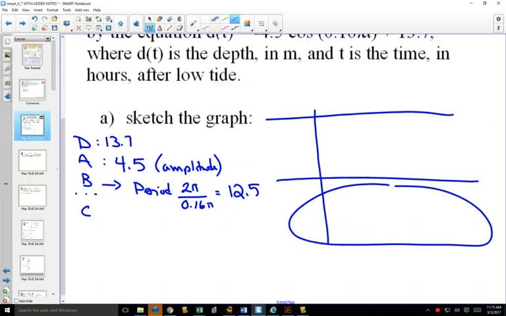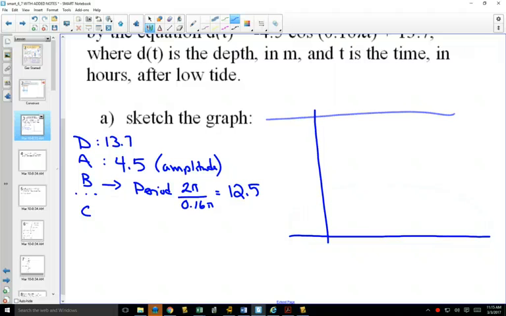This would be a really bad idea for drawing my scale. So when I go into my axis, I might think, oh, I'm going to draw it right along here because I don't need any negatives, right? I don't even know what that would mean if the depth of water was negative 5 meters.